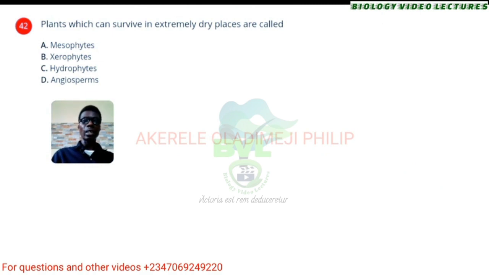Plants which can survive in extremely dry places are called xerophytes, so the answer is B. Hydrophytes are the ones that can survive in water conditions, while mesophytes are the ones on normal soil, not too wet, not too dry. So xerophytes are extremely dry, hydrophytes very wet, like a marsh or a river, and mesophytes are normal, so to say.